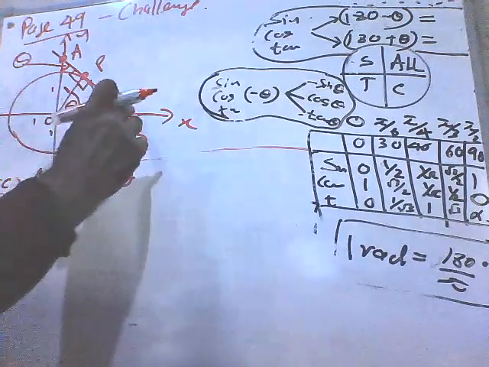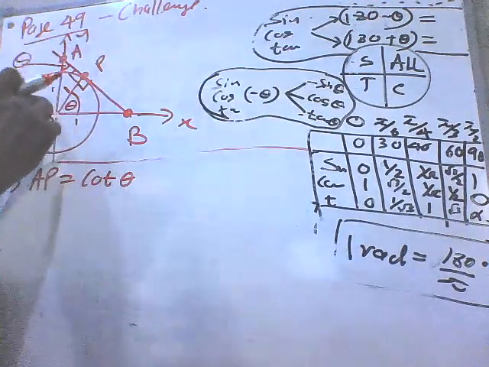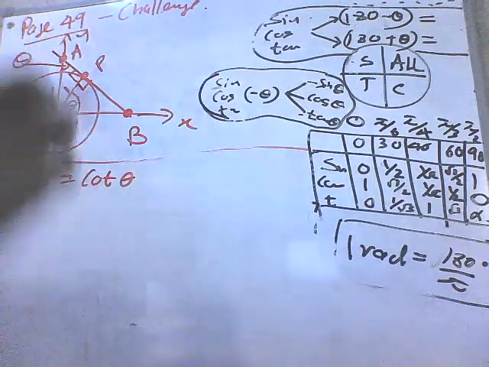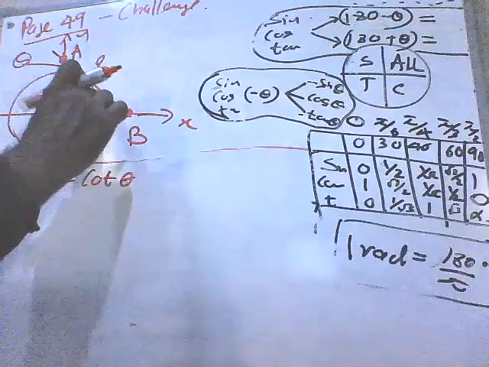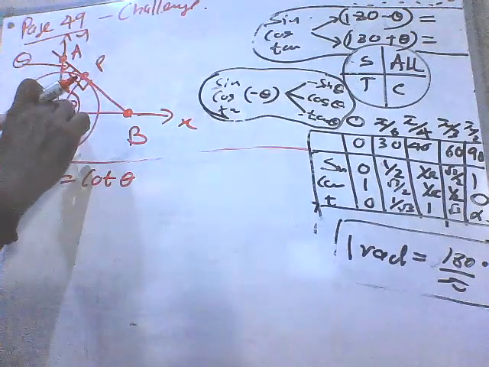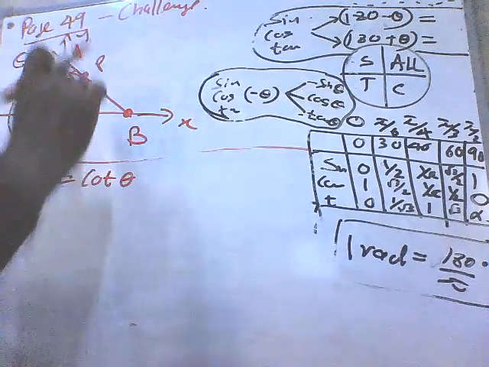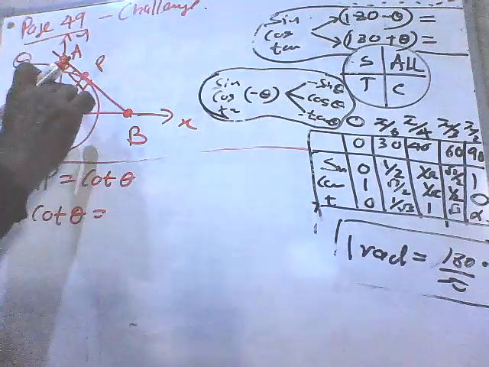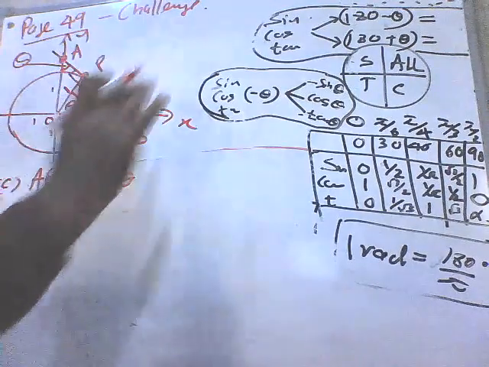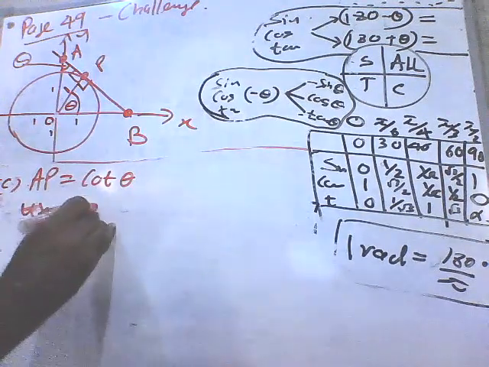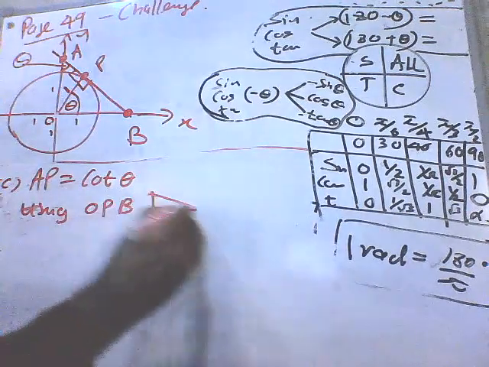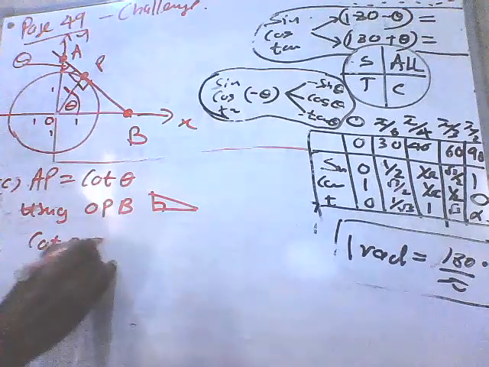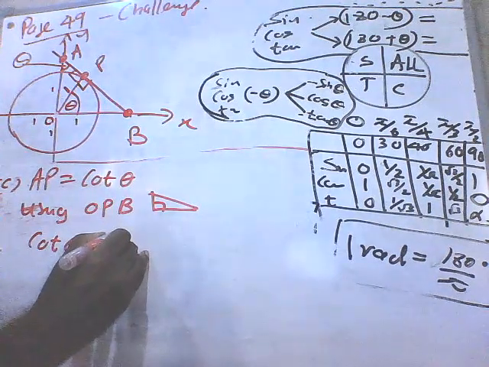Again we will take this triangle, and AP is getting involved. So here OP. We will first write from here cot theta. Using the OPB right angle triangle, we can write cot theta is equal to, actually you can say opposite over adjacent.